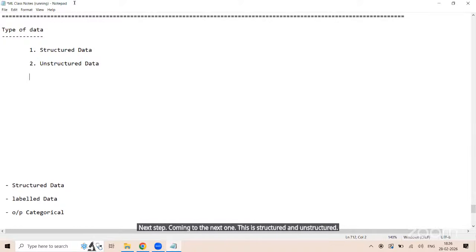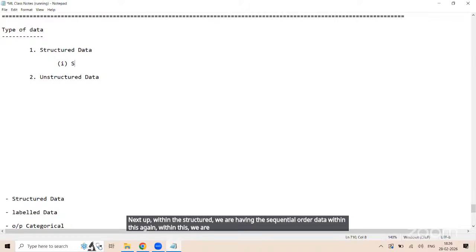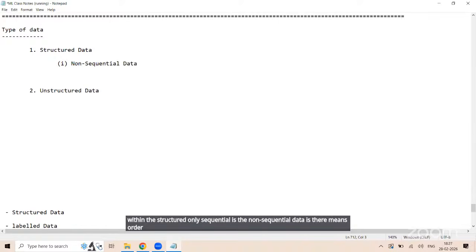Next, within the structured data, we are having sequential data and non-sequential data. Sequential means the order of the records is important, non-sequential means the order of the records is not important.